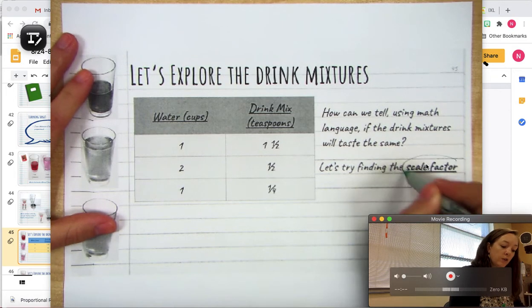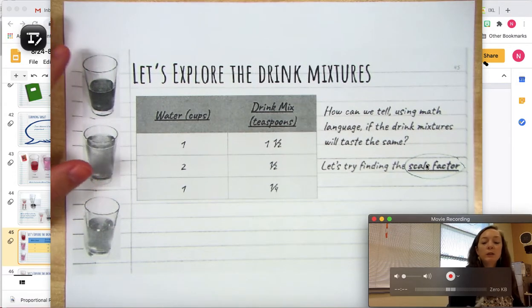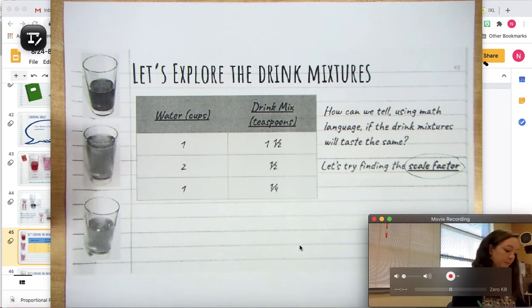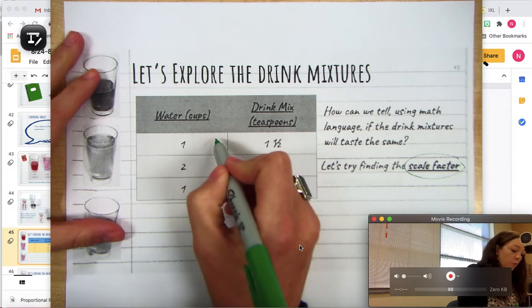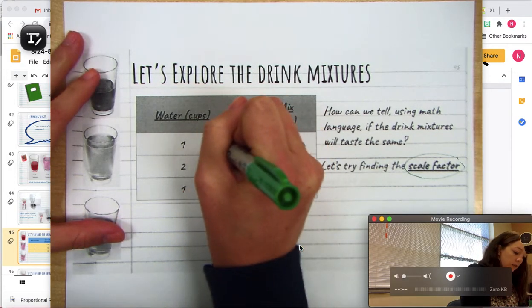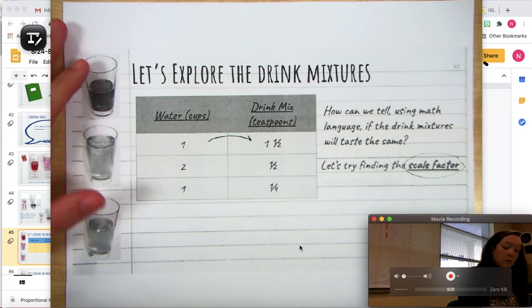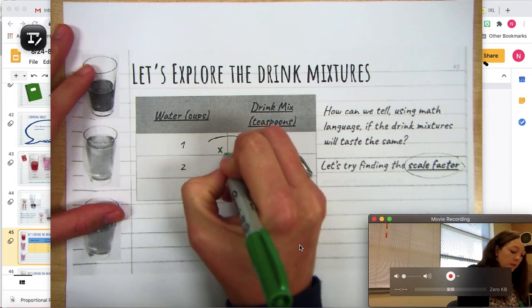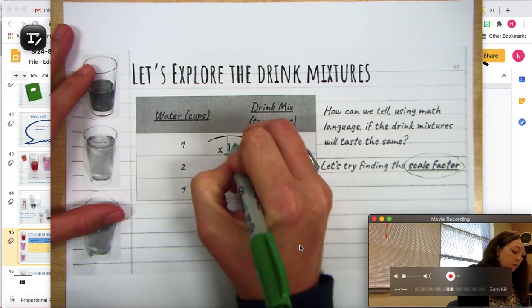So we're going to first use the scale factor method. We learned how to find the scale factor when we did scale copies. So let's see what we can do. To go from 1 to 1.5, I'm just going to multiply by that same amount, right? 1 times any number gives you that number, so 1.5.